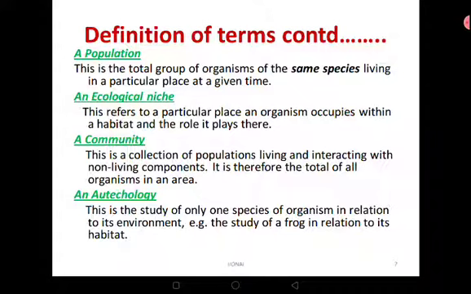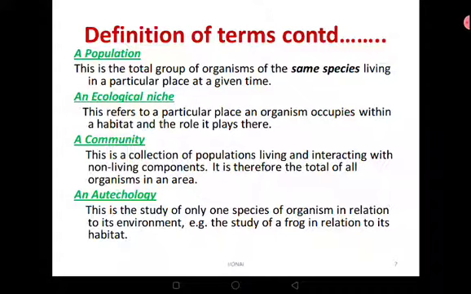For example, what is the population of Uganda today? Well, they say about 41 or 42 million people. So that is the population of people in Uganda at a given time. Usually for human beings, they carry out a census every 10 years. So currently the population stands at about 40 to 42 million people.